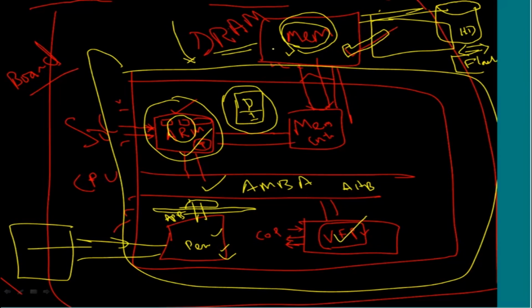So different levels of memories are there in the system, and we will talk about those things in the subsequent classes, okay. So this is the overview of what we are going to be seeing. We will not talk anything specific to a controller, because that is very specific to a particular implementation of a controller.